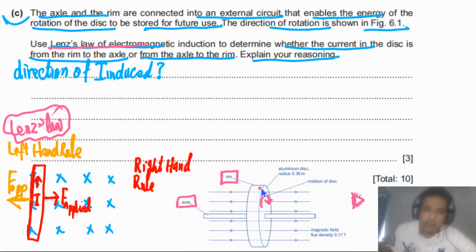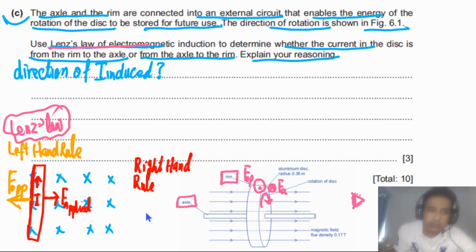So it means the applied force on this one is into the page. So we can write down here applied force is into the page. So I will say FA. So how about the opposing force? The opposing force has to be out of the page. So I will say FOP. Opposing force out of the page.